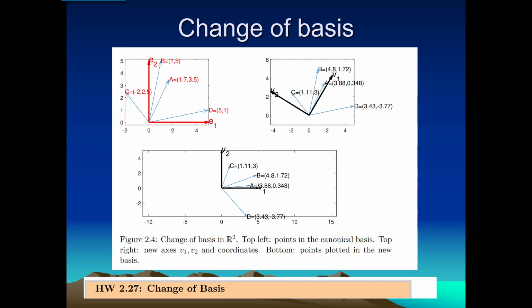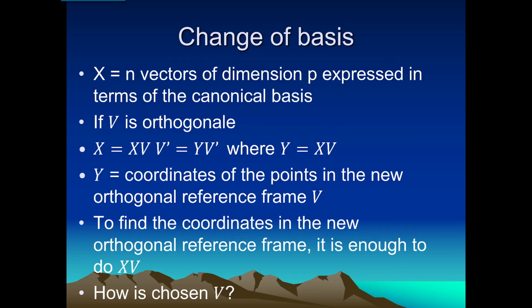And so, here you have these coordinates in the new basis, and this is after you rotate, and V1 becomes this, and V2 becomes the new reference system of axes. Right, and all these things are implemented in these exercises. Here you simply have to do a multiplication of two matrices.